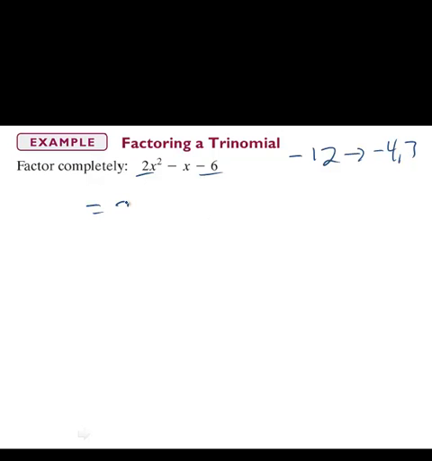So you could write the polynomial as 2x squared minus 4x plus 3x minus 6. Like I said, all we're doing is rewriting the negative x as negative 4x plus 3x. And now we can factor by grouping.